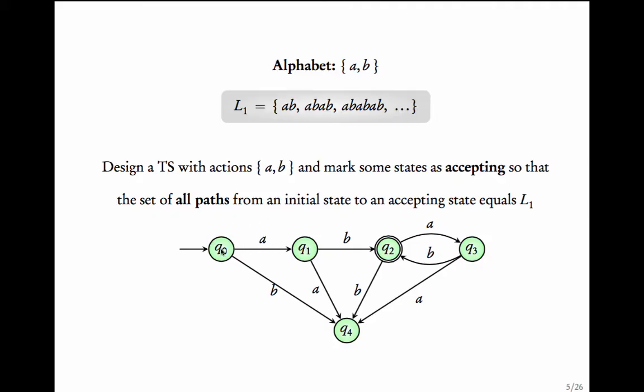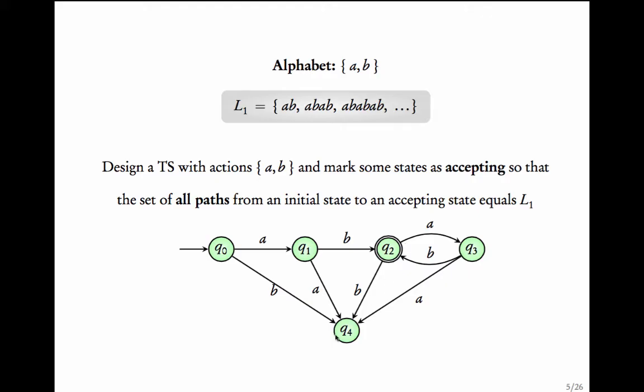All paths from Q0 to Q2 will give us a word in L1, and similarly for every word in L1 there is a path in this transition system with that word. For example, if I take the word AB, AB, AB, say 15 times, the path corresponding to this word is A, B, and take this cycle 14 times.